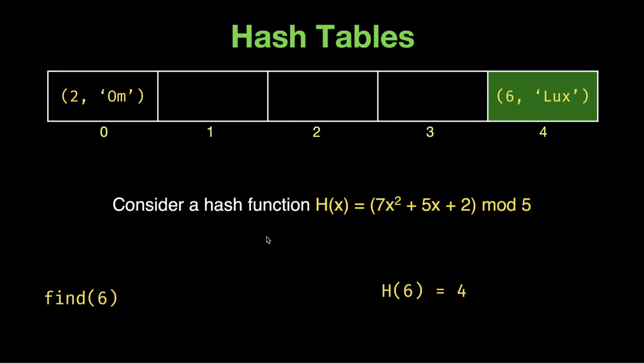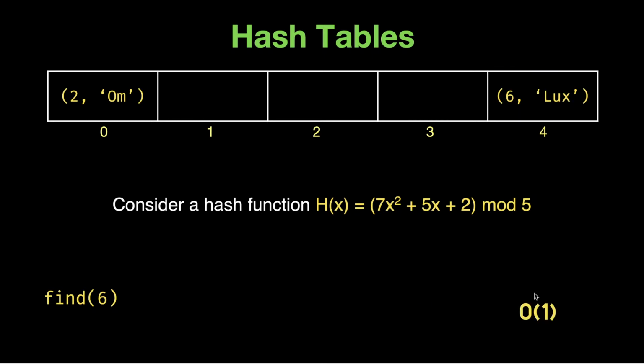We can take out that value, and we can see that the value of key 6 is lux. So this operation is also O(1), because we can directly access the hash value, and we can directly access the index where that key is stored in the hash table.